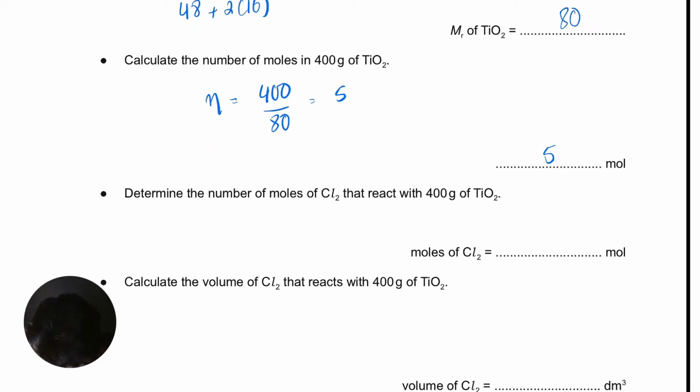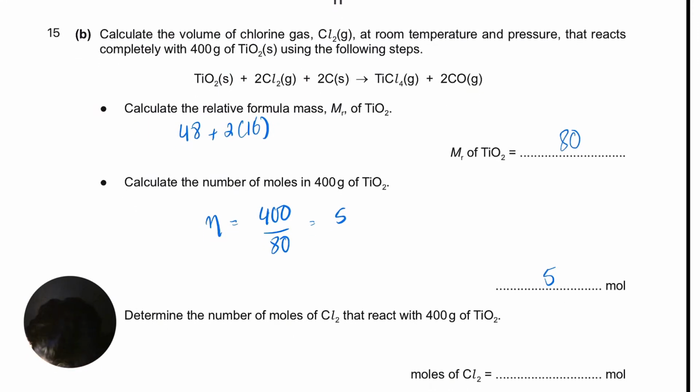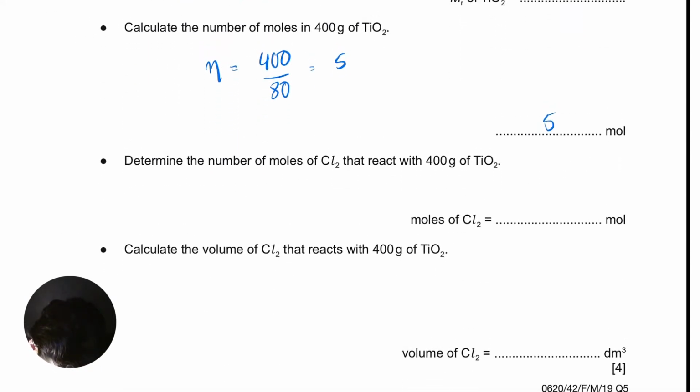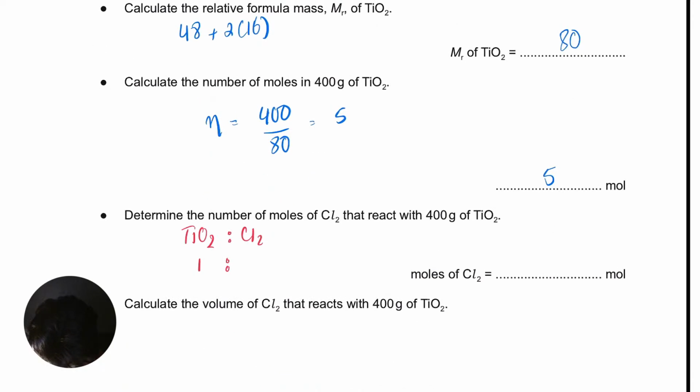Determine the number of moles of Cl2 that reacted. So the ratio between titanium oxide to chlorine is 1 to 2.